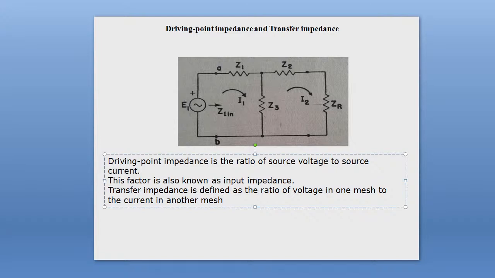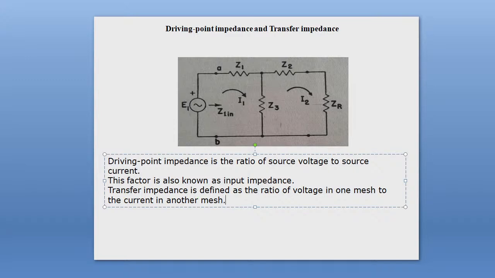Not the one in which a voltage source is present, except that one, we consider another mesh, the second one. For the given circuit, if we consider mesh 1 in which supply voltage is applied, and in mesh 2 the current I2 flows, the ratio of these two terms is known as transfer impedance.